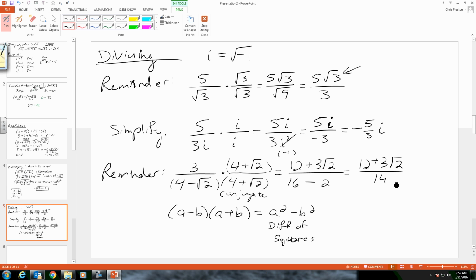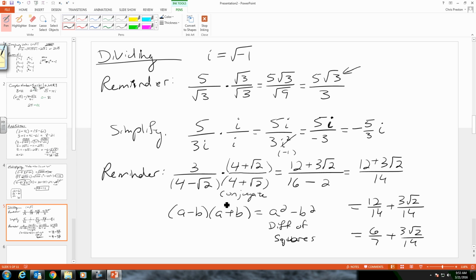And now you could leave it that way, or if you wanted to, you could write this as 12 over 14 plus 3√2 over 14, and then say that's 6/7 plus 3√2 over 14. Remember, these don't cancel each other out because the 2's under the root and the 14 is not. I don't know why you'd want to do that exactly, but you could.